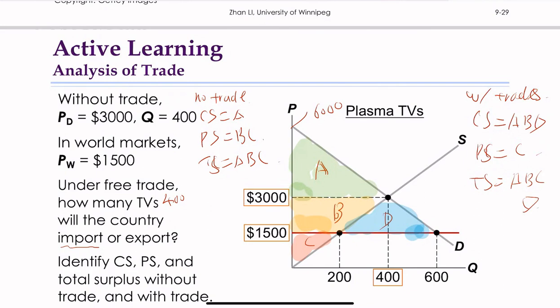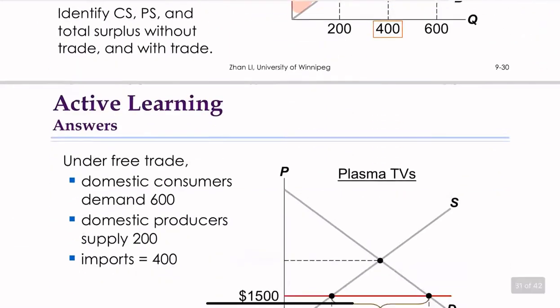For example, the area of A is given by the height, which is 3,000, and the base, which is 400, right? So the area of A is 1/2 times 3,000 times 400, which gives you 60,000, right? Am I right? I think it's 600,000, right? Okay.